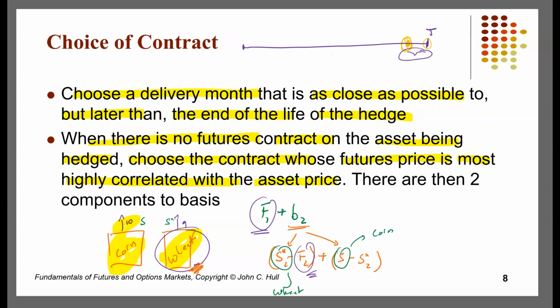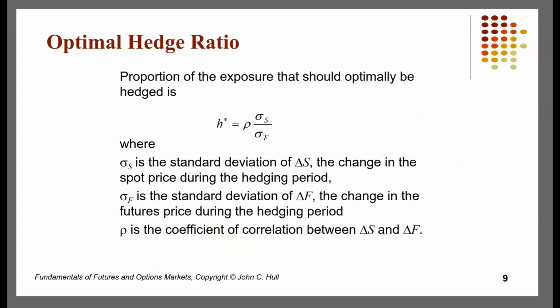Now if you're cross hedging, you remember that you're not going to be able to use the one-on-one relationship. We want to look at the hedge ratio. So what is a hedge ratio? The hedge ratio is nothing else but the proportion of the exposure that should optimally be hedged. And we said that it is a function of the correlation multiplied by the standard deviation of the underlying divided by the standard deviation of the futures. And that's what we have here.